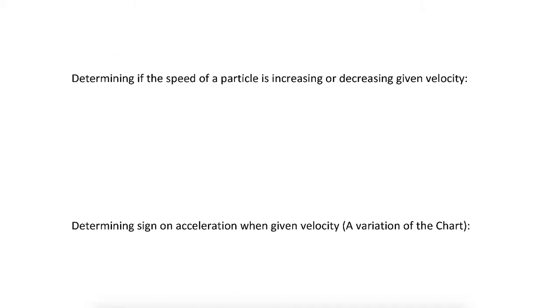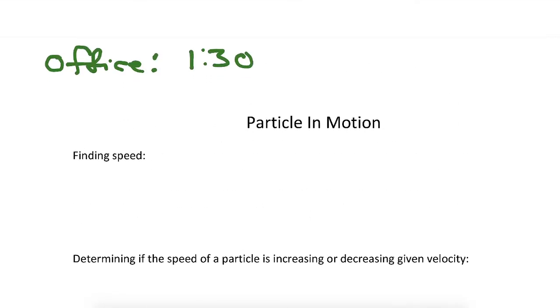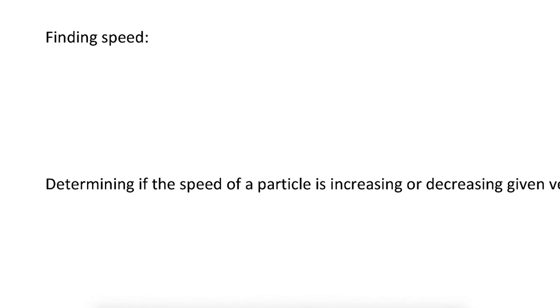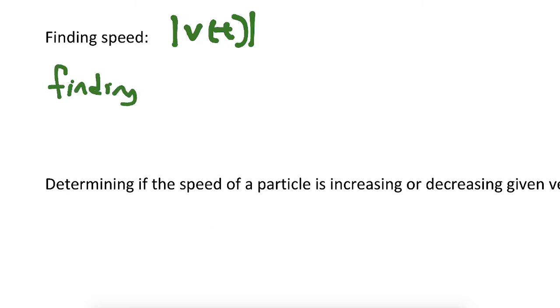So a couple things that you want to make sure that you know from these notes: what is this idea about speed, and what does it mean when we start talking about speed? Speed is really the absolute value of velocity. Speed is a non-directional way of talking about velocity. So it's finding velocity and ignoring the negative sign.